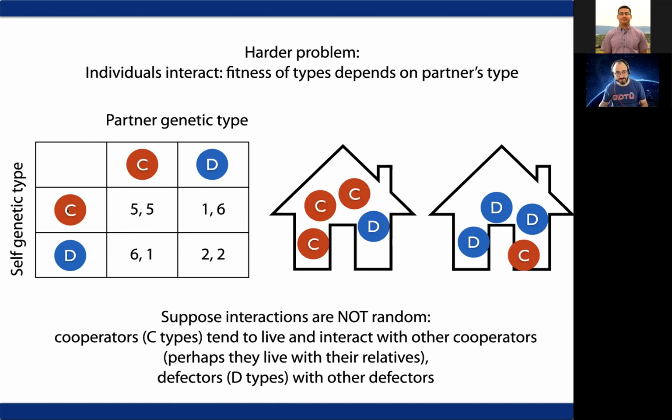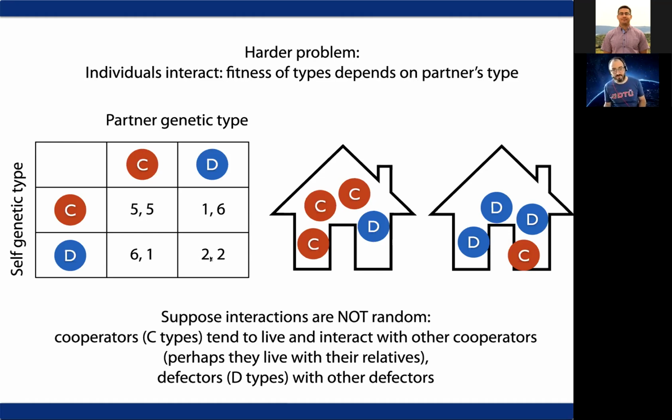The first number is the fitness or the payoff to the row player, the player that selects the rows, and the second number goes to the player given by the column. So this is the payoff to this guy, this is the payoff to this guy, and so on.